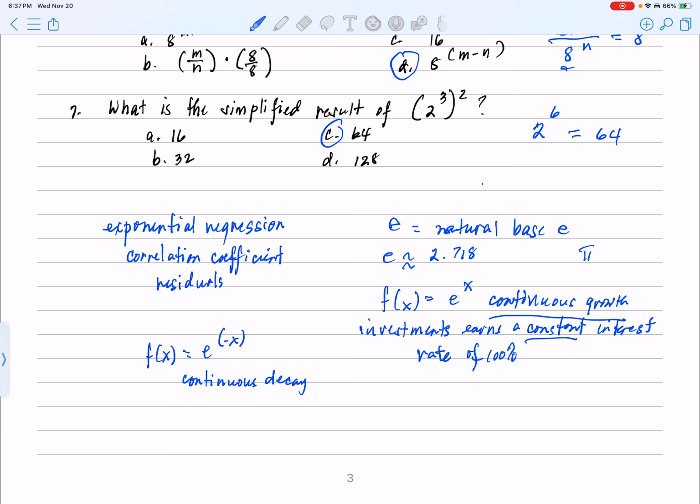So if you have e to the power of x, that is continuous growth.